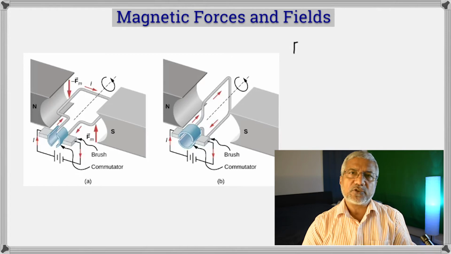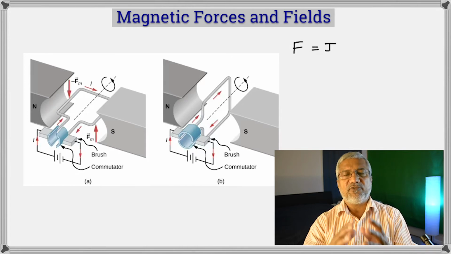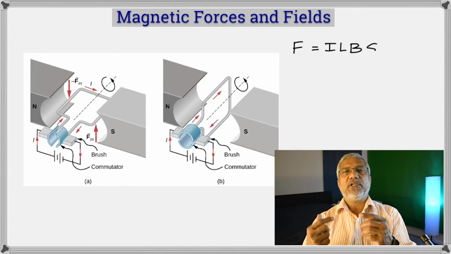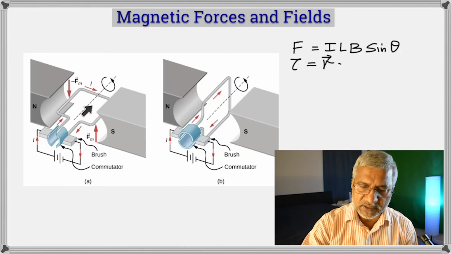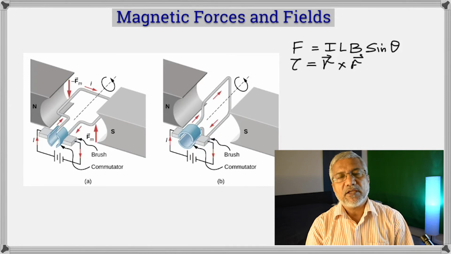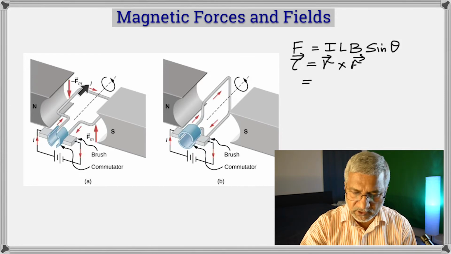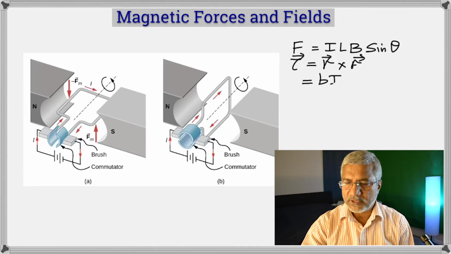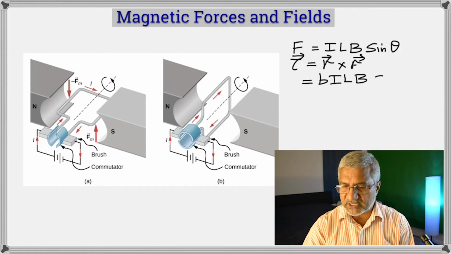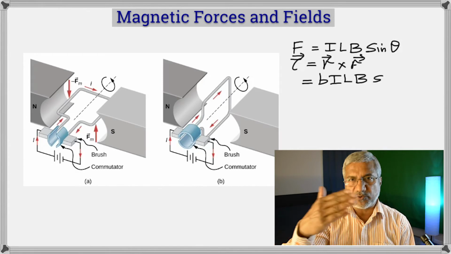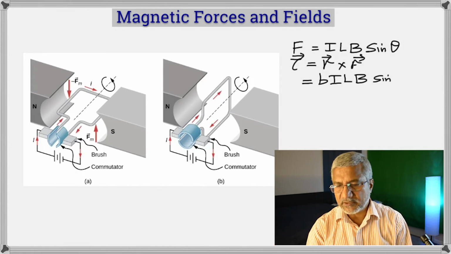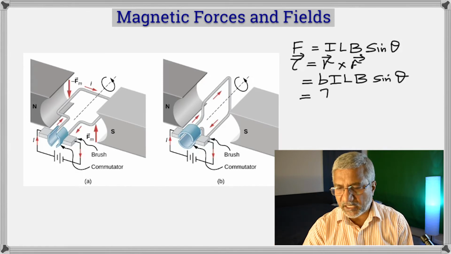And to find torque, we just have to find the force and multiply it with the perpendicular distance between them. And you know the perpendicular distance between them is the width of the coil, isn't it? Yeah, the width of the coil. So the force we know is ILB sine theta, and torque is r cross F. That's why I said perpendicular distance, which makes it b ILB sine theta.